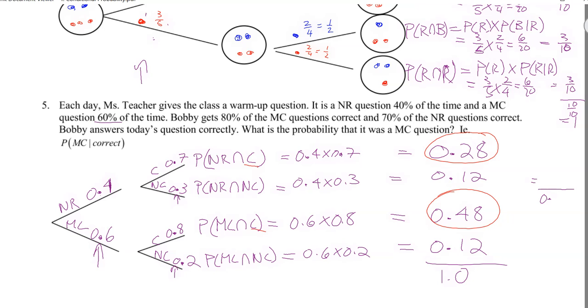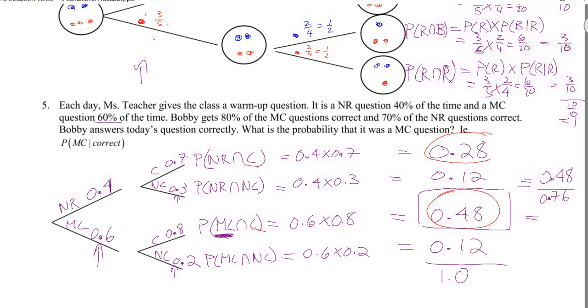That's our denominator. Now, what's the probability that it was multiple choice? That's this one. So given that he got it correct, that's the 0.76.